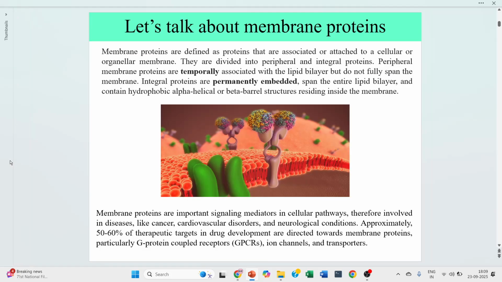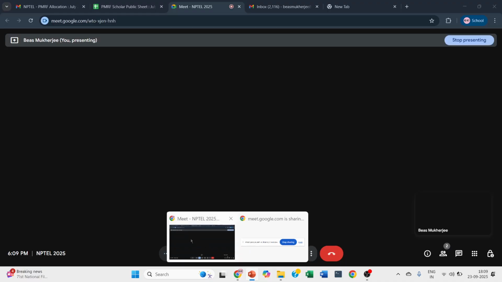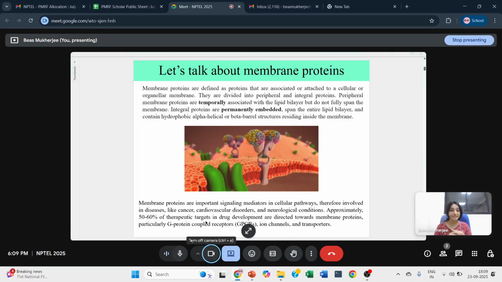Now let's talk about membrane proteins. Membrane proteins are defined as proteins that are associated or attached to a cellular or organellar membrane. They are divided into peripheral and integral proteins. Peripheral membrane proteins are temporarily associated with the lipid bilayer, but they do not fully span the membrane.